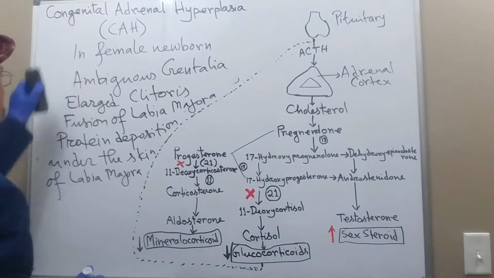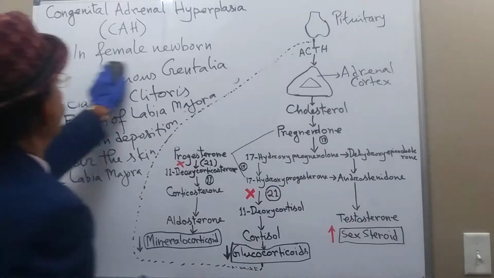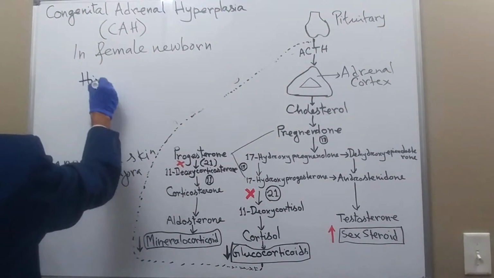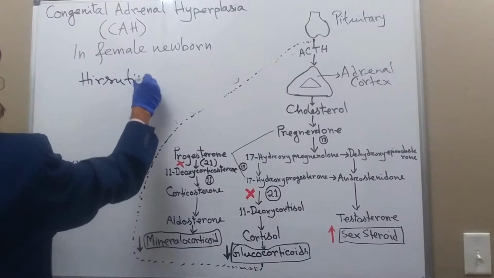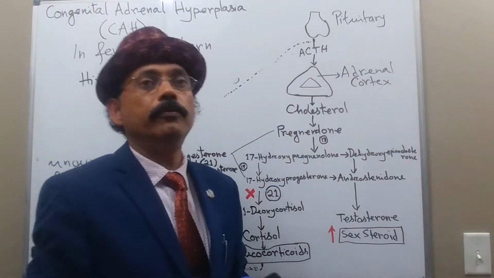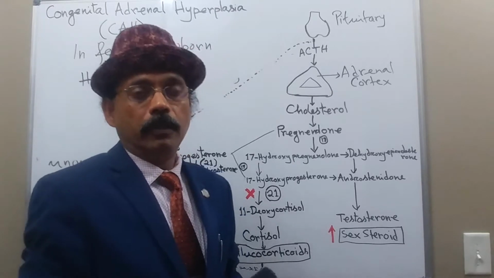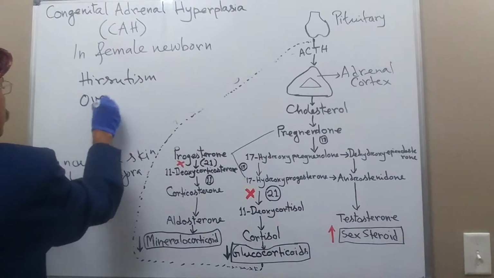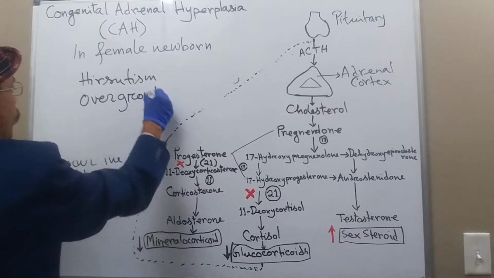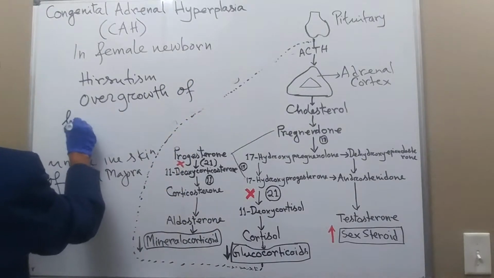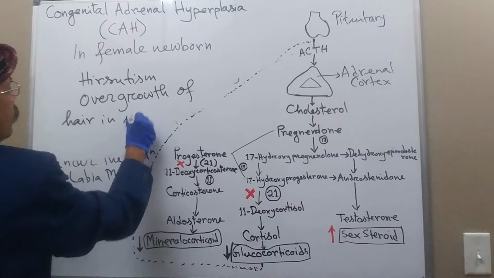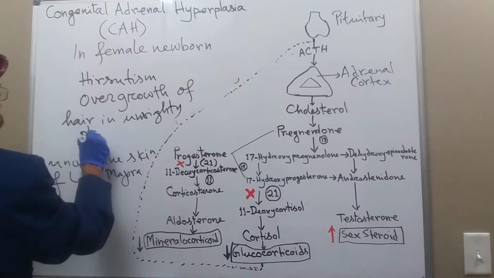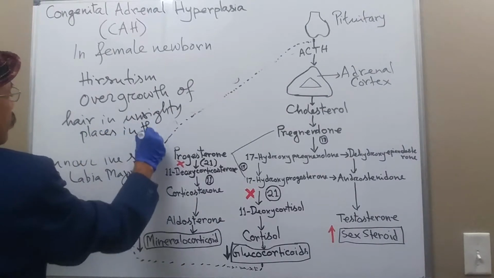Okay, so we got this problem, plus we get hirsutism. As the child grows, they will develop overgrowth of hair in unsightly places in the female.